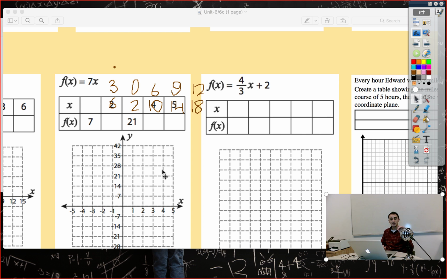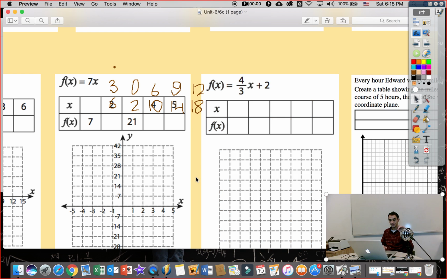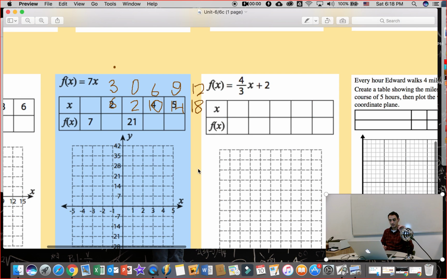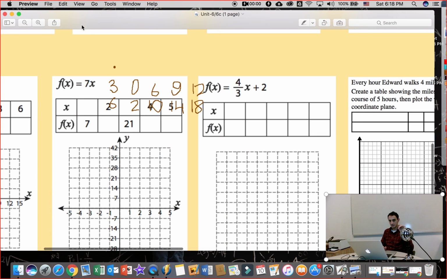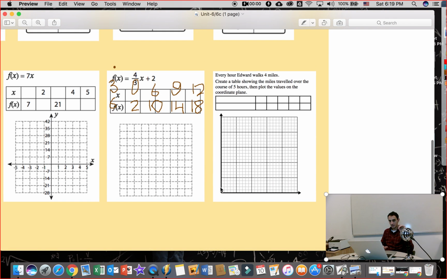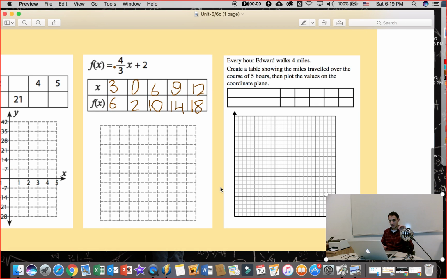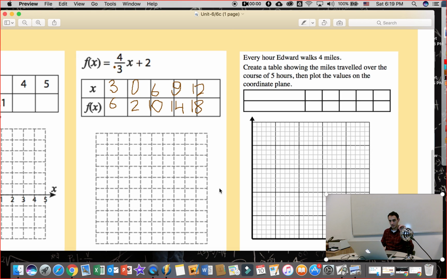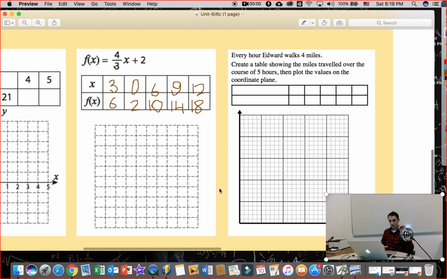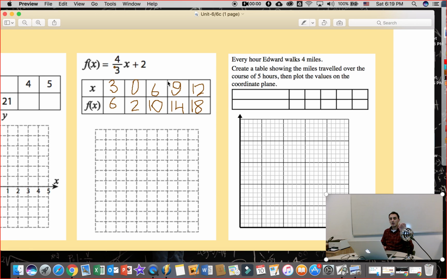Since we don't have negative numbers here, and all numbers are positive, we can use only the first quadrant.